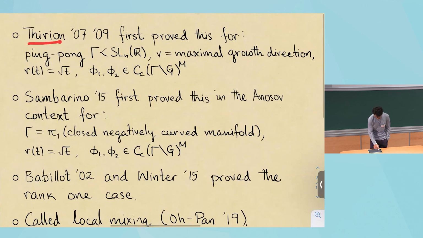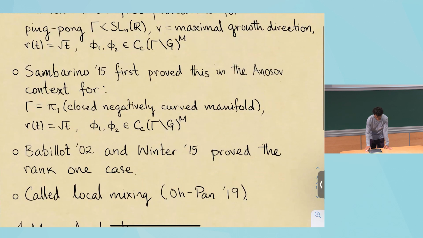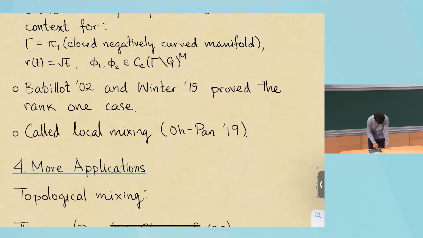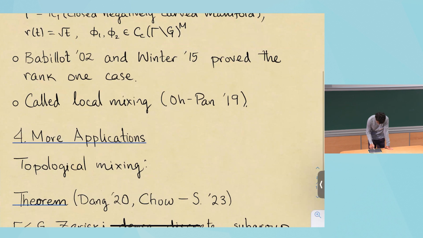But same with Thirion, because he also allowed cusps, so that would be called relatively Anosov. And I also wanted to mention this local mixing is not our terminology. This was coined by Edwards and Wanyu Pan in their paper, where they get a mixing statement but with this normalizing factor.